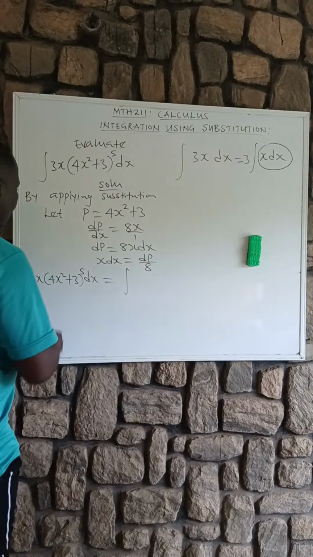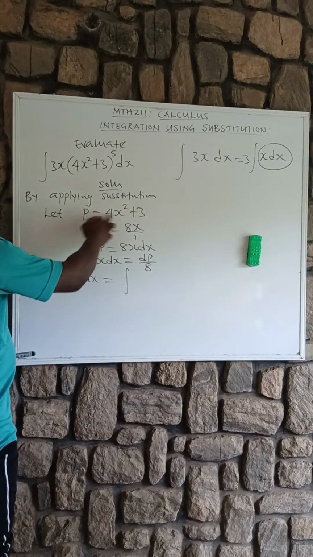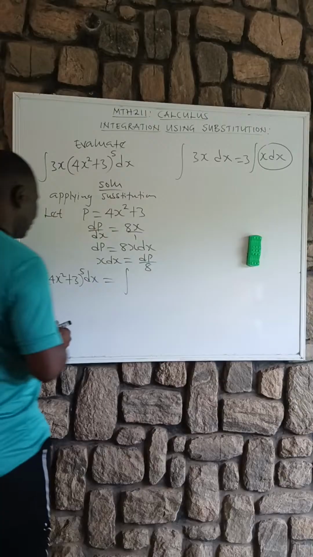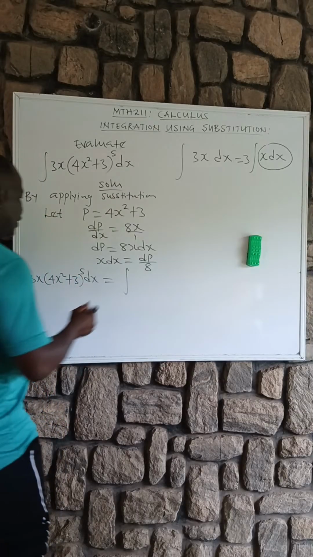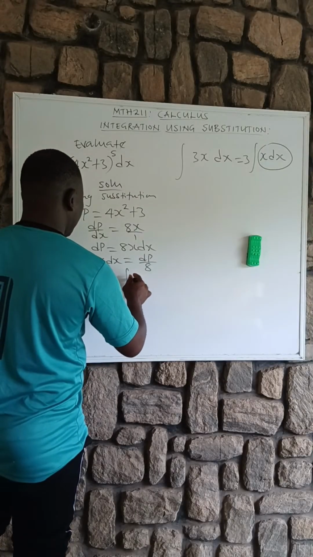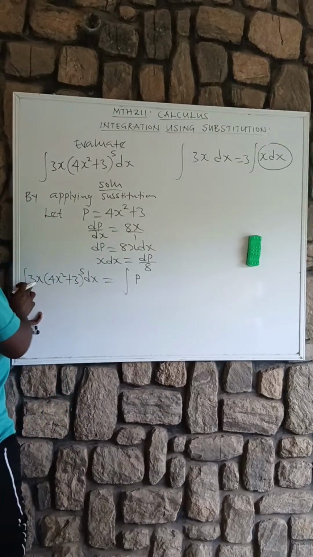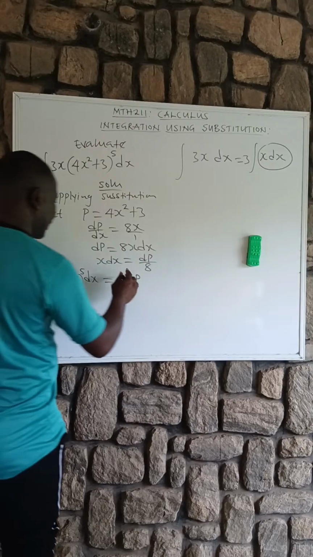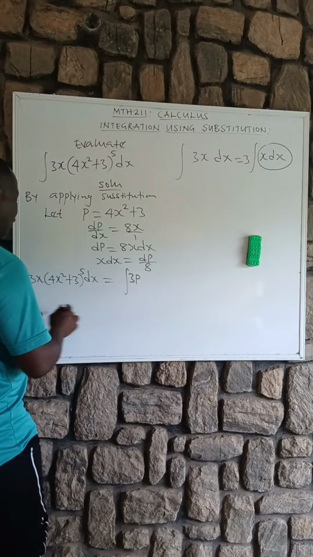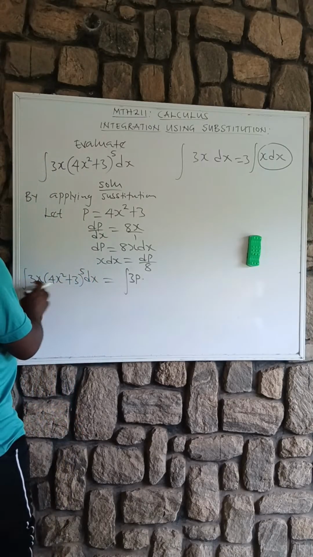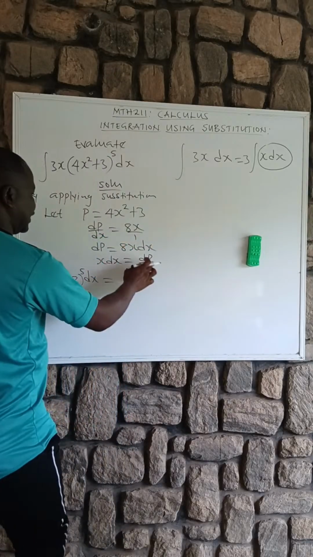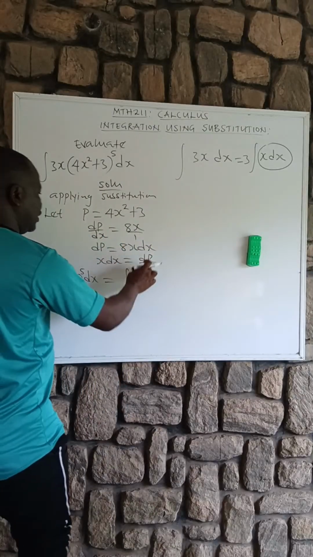But you said let p be equal to this. So here we are going to have p. Then we have 3, right? So here will be 3p times what is our x dx? It is dp all over 8.